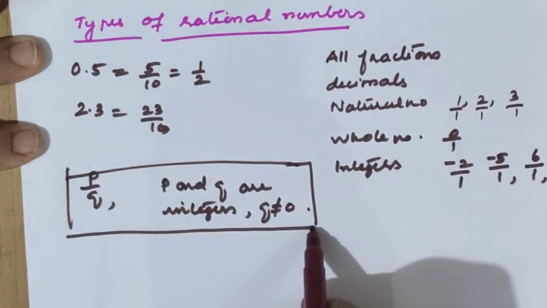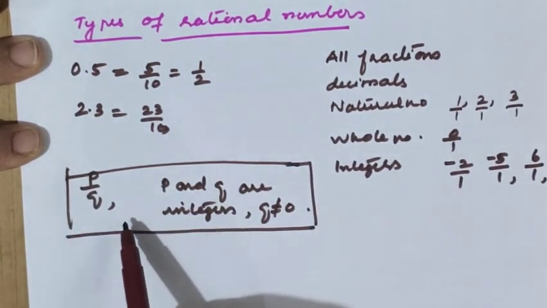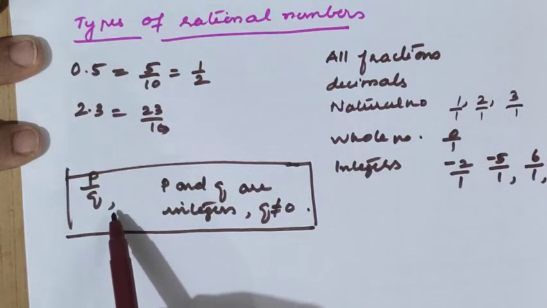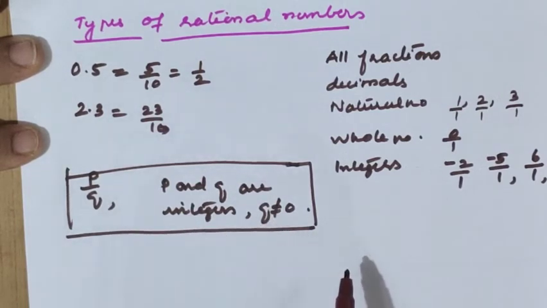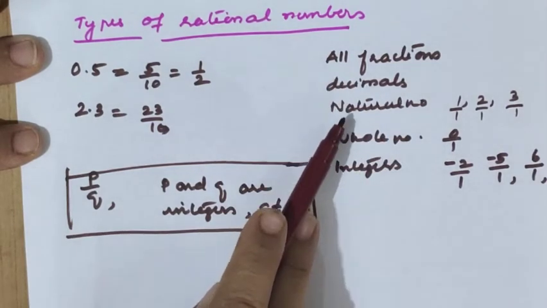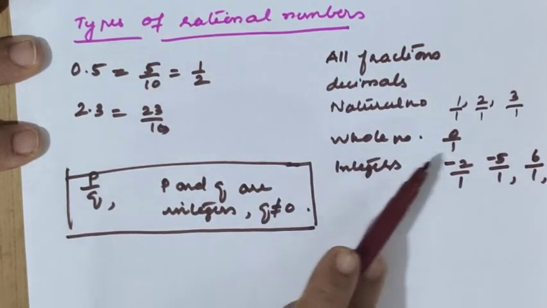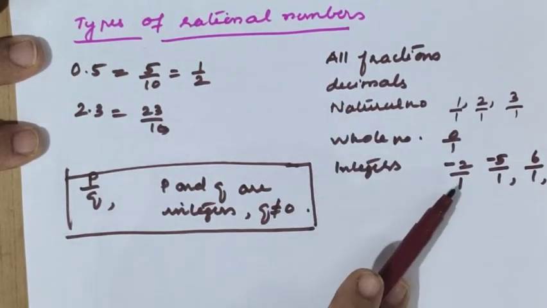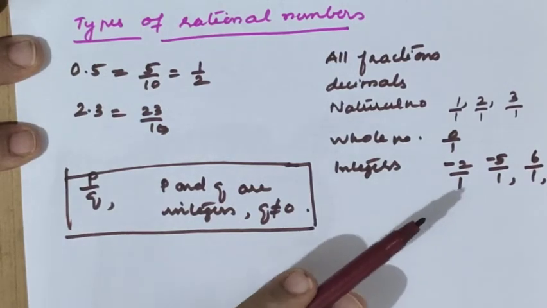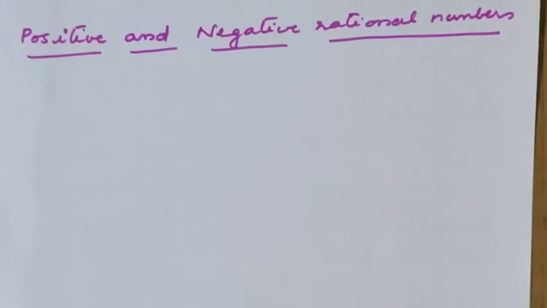When we check all these groups, we can see that they can be expressed in the form p by q with q not equal to 0, so all these types of numbers are called rational numbers.